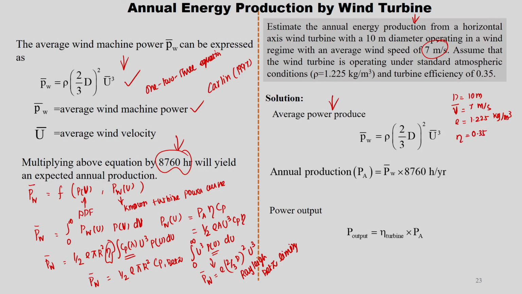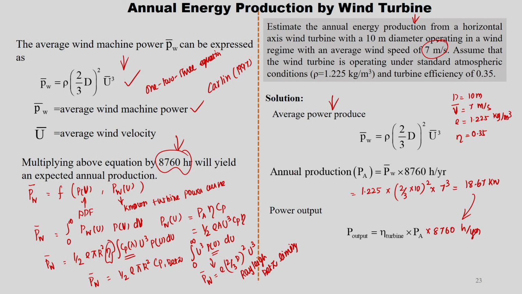If you substitute here in P w bar, what you would get is 1.225 into 2 by 3, d is 10 into 10 whole square, into u bar, which is 7 cube. This particular value turned out to be 18.67 kilowatt. If you want to get the annual production, you are supposed to multiply that with 8760 hours per year as well.